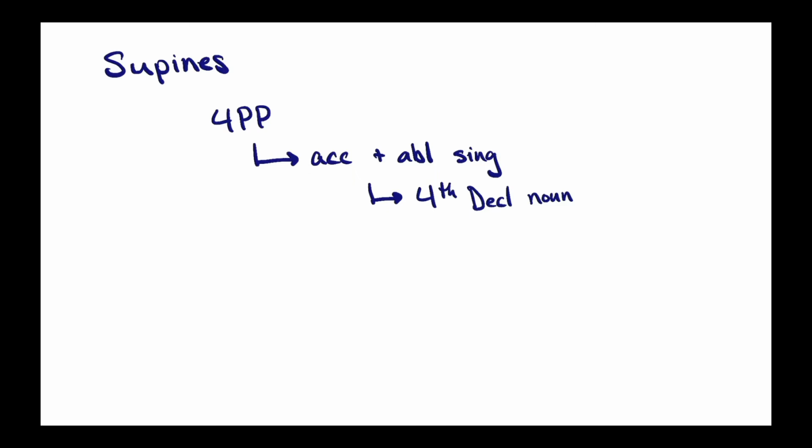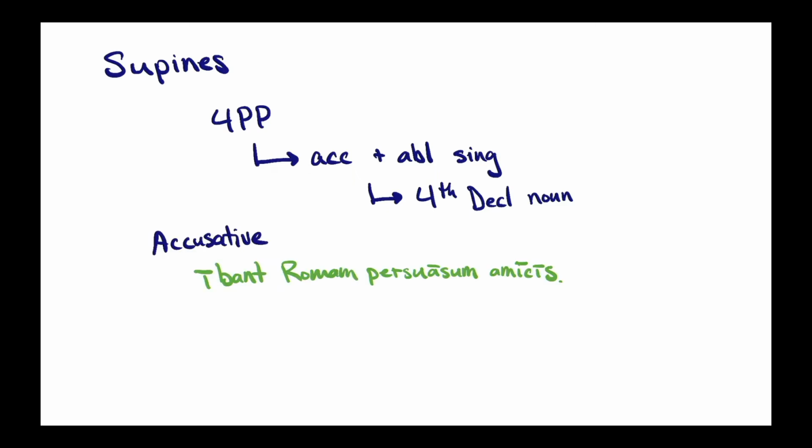So let's take an accusative example. As you can see from the example, the accusative supine is used with verbs of motion to indicate purpose. And again, this kind of goes along with the motion toward thing, purpose. This is for something. And so we have the example here, ibant Romam persuasum amicis.